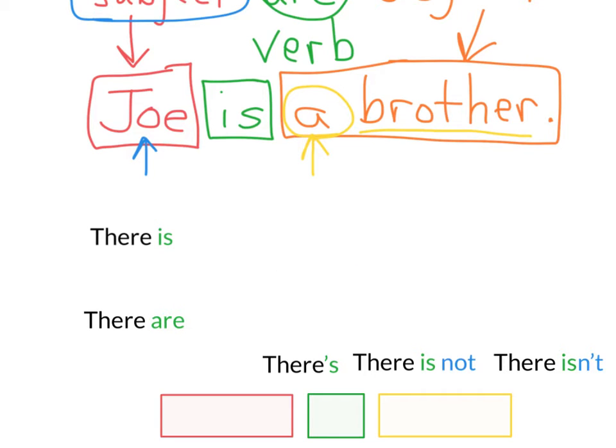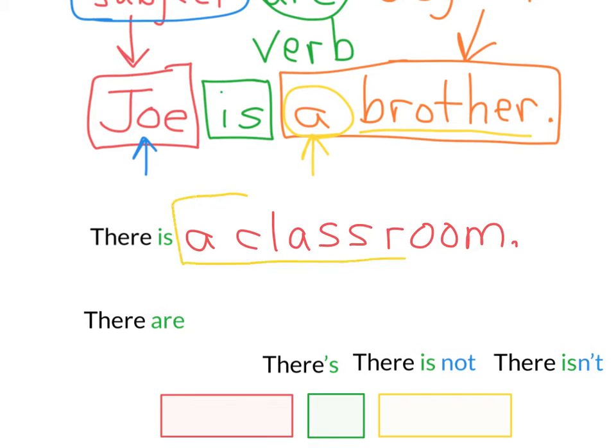I could say, there is a classroom. This is a noun, it is a place, it is the subject of the sentence, it is just one, so I use a in front of it, and I use is. There is a classroom.